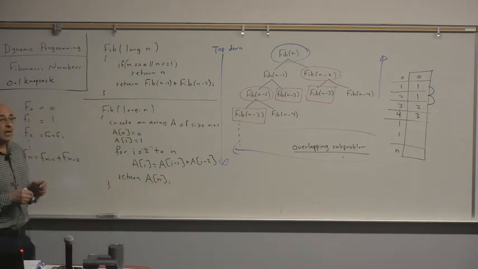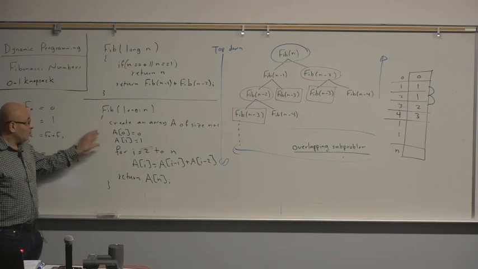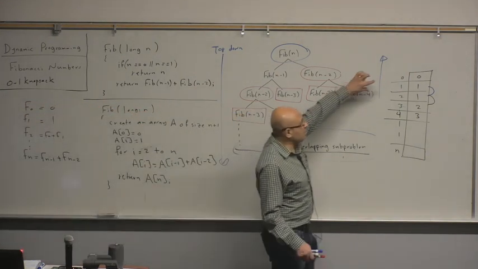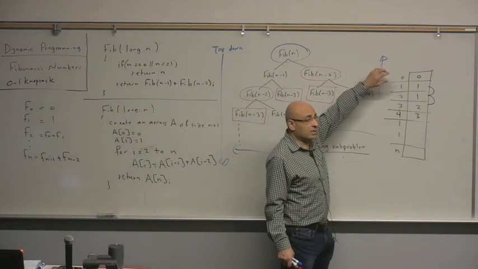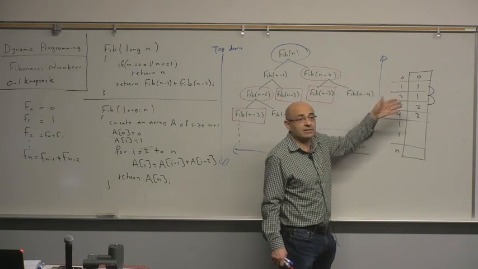Okay. So now, by doing this, we are solving the smaller problems, and we are storing the solutions to the smaller problems in a table. You can think of this array as a table.